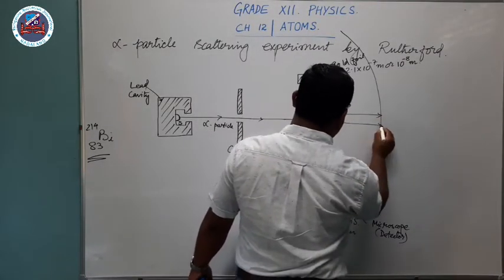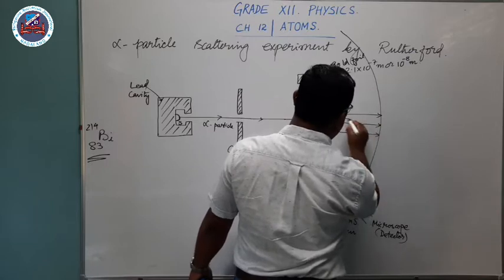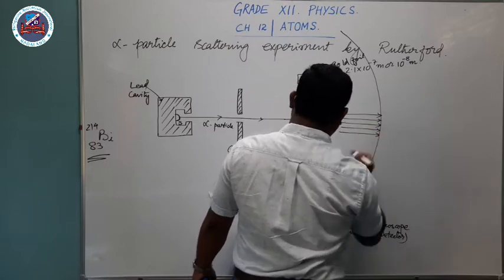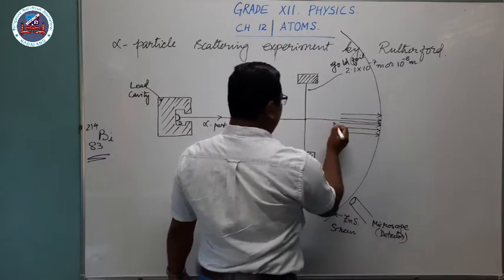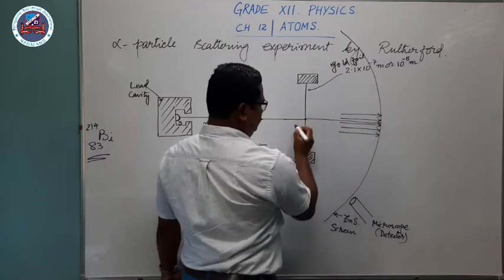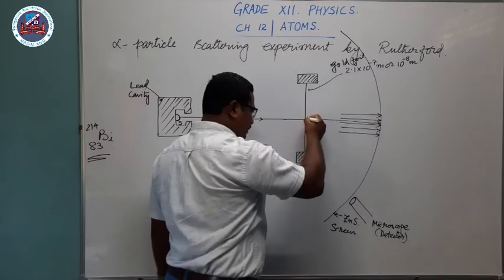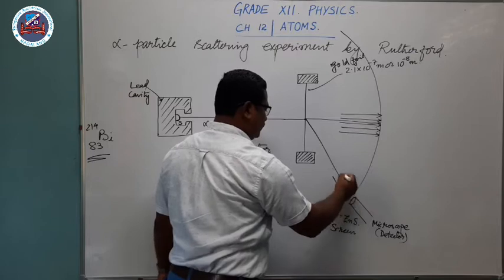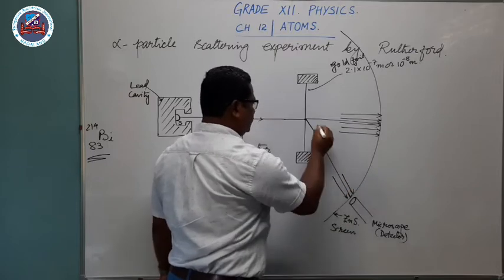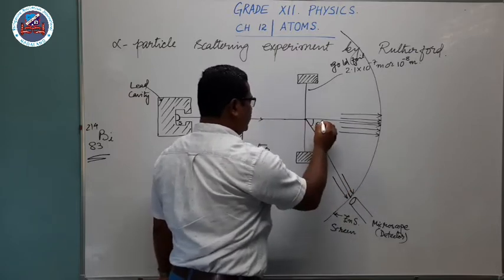They came like this. Some few, if I take this as a straight line, were deflected at some angle. This is called a scattering angle. We are marking it as theta.